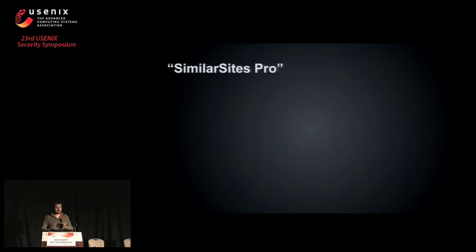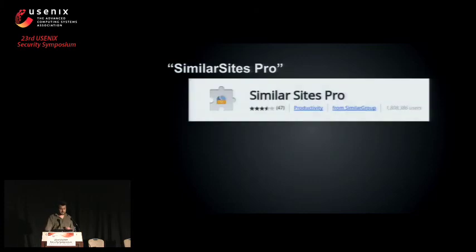This was an extension called Similar Sites Pro. And this extension was installed by 1.8 million users. The functionality of the extension is to provide similar sites. So you go to Amazon.com, you click on the extension, and you get a list of similar shopping sites, like Newegg or Walmart or whatever.